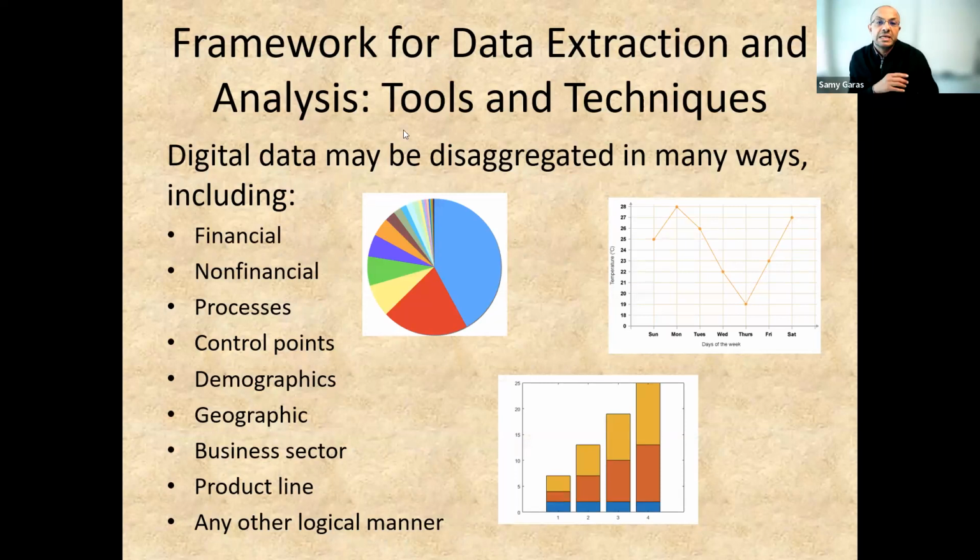And here, there are some tools and techniques we can use for extracting the data, and whether this data is financial, non-financial, or operational, like process. We need to check the control points, the demographics, the locations, the business sector, product line, and so on.